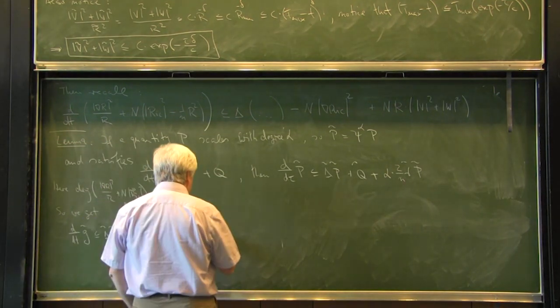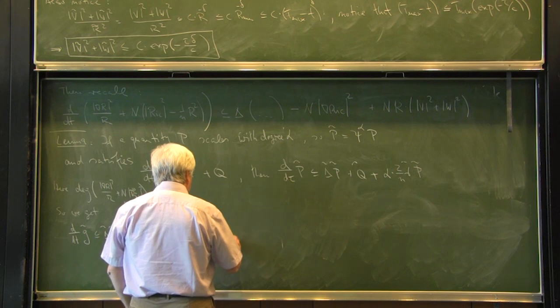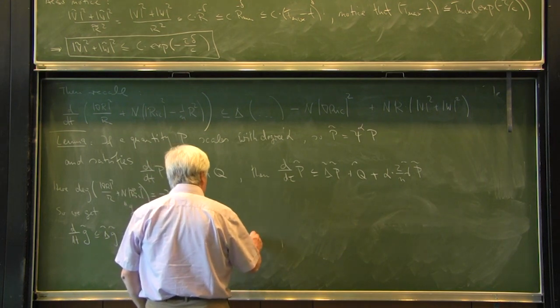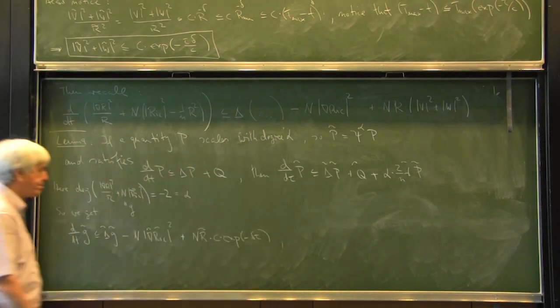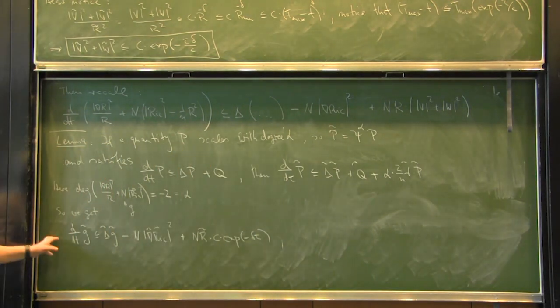But we just proved that this is less than a constant times e to the minus some little delta times tau. This was our previous estimate.